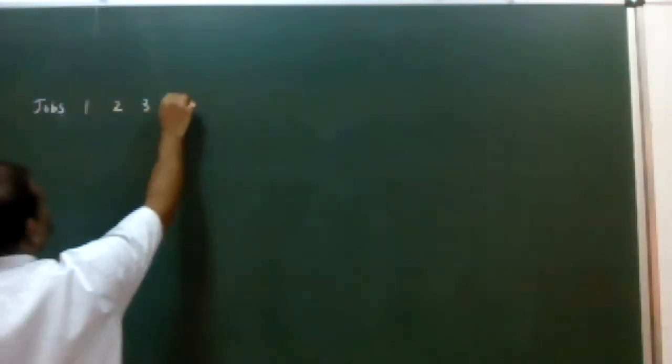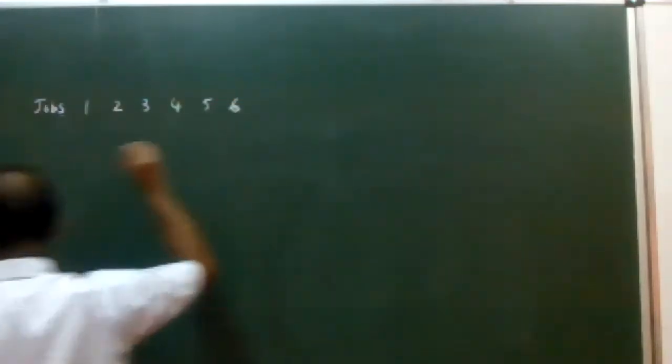The question goes like this. Jobs 1, 2, 3, 4, 5, and 6.